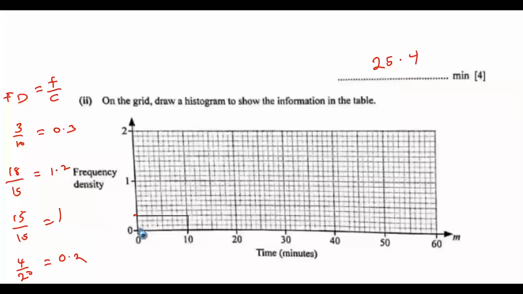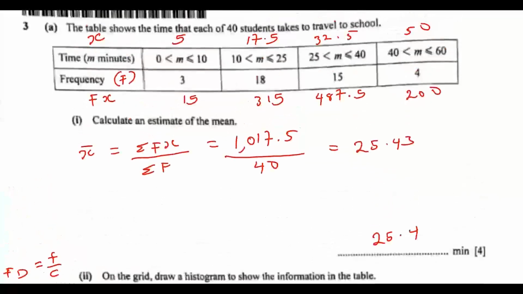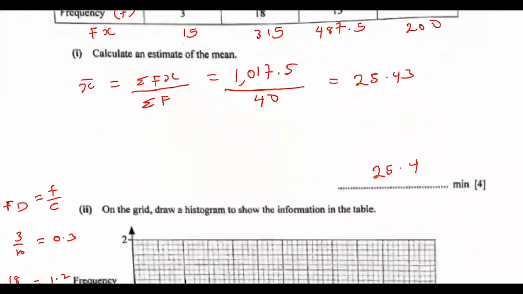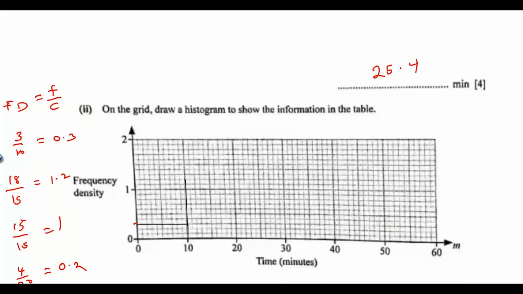Then the second one, when the frequency density is 1.2. This is 1, 1.1, 1.2 to be around here. So 1.2 will be here. Let's check the class size: that's from 10 to 25.